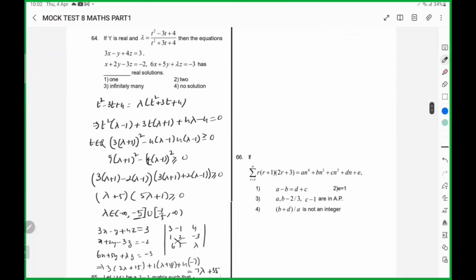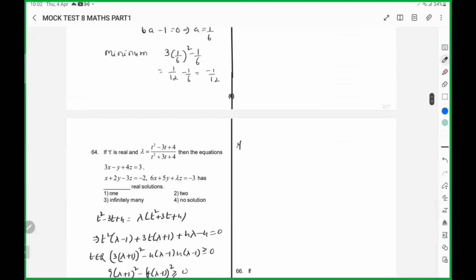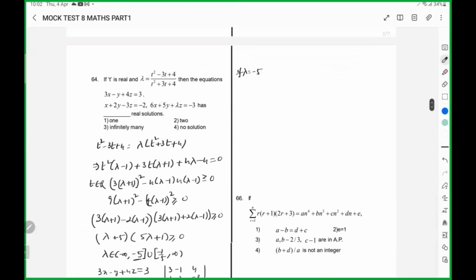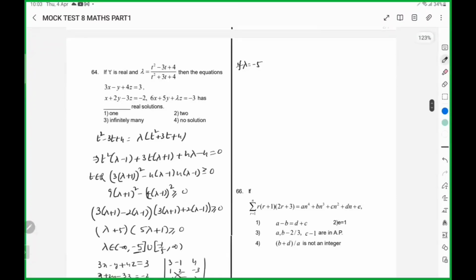Lambda is minus 5. Then we have t square minus 3t plus 4 is minus 5 times this, 6t square plus 12t plus 24 is 0, so t square plus 2t plus 4 is 0.